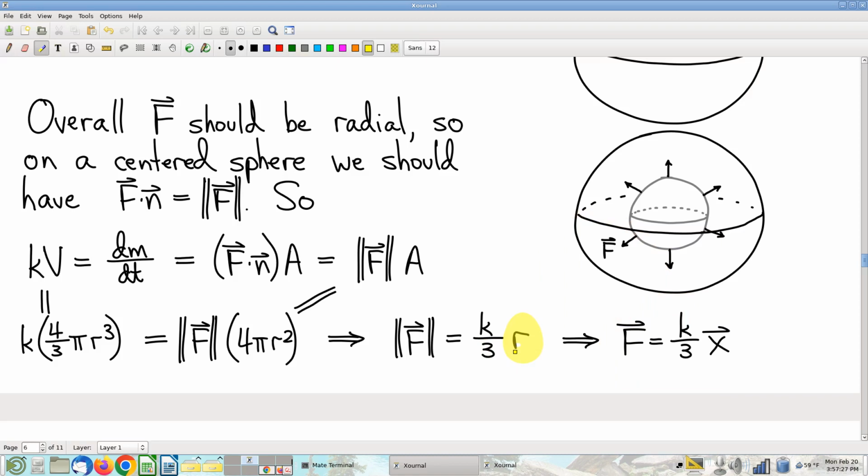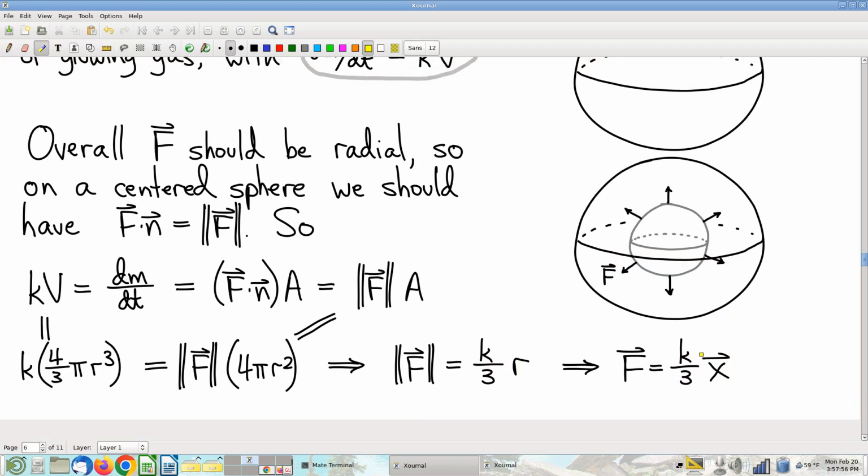I used r here because I was thinking of it as the radius of a sphere. Arguably it should be rho. But the point is the magnitude of x is distance from the origin. So that's what happened there. Is that satisfying? Okay, cool. All right. So like I say, it's kind of a hard example, but I think this is a good exercise.